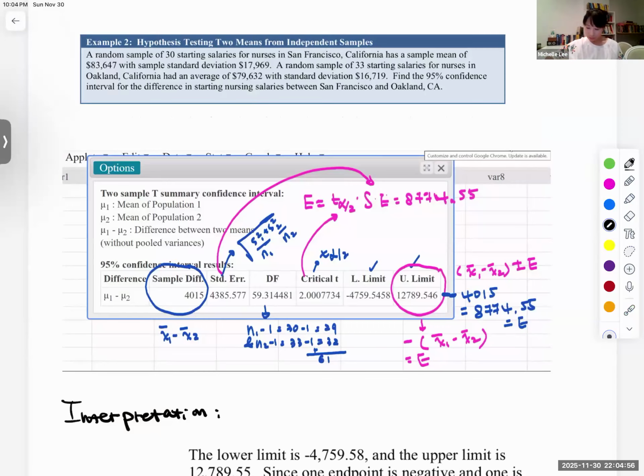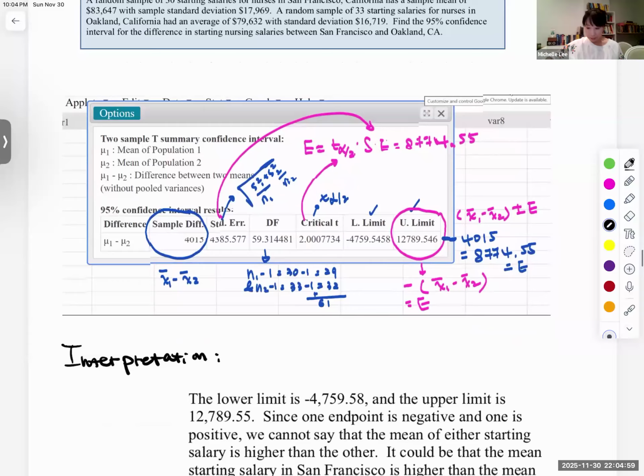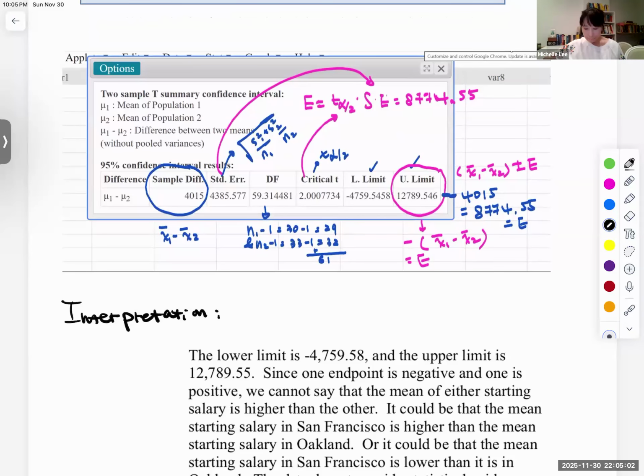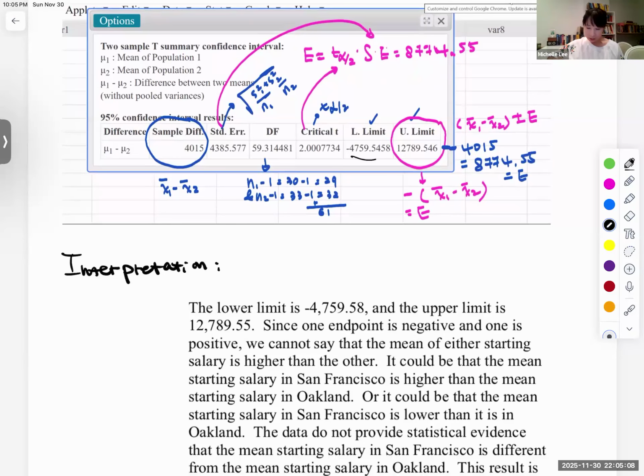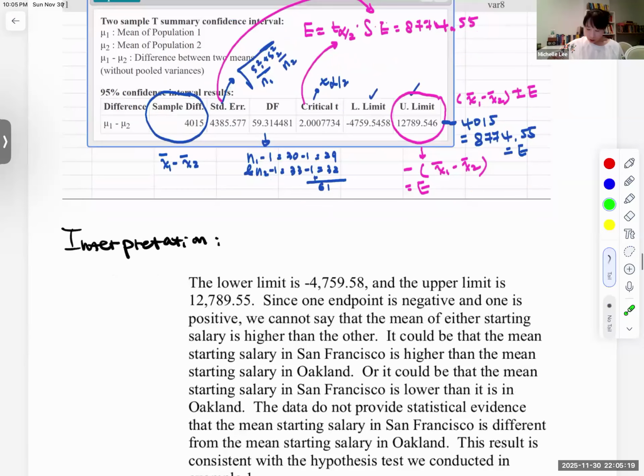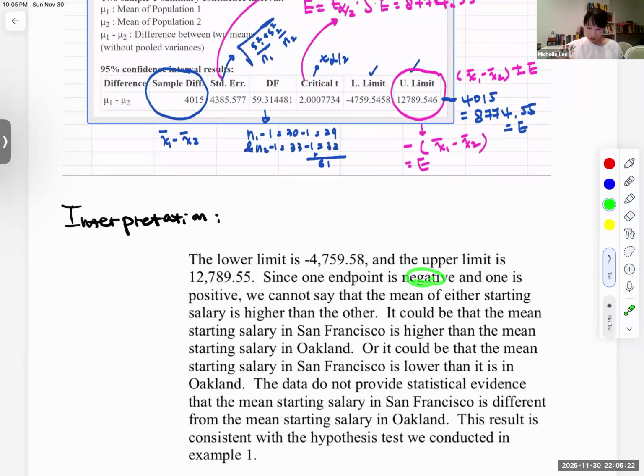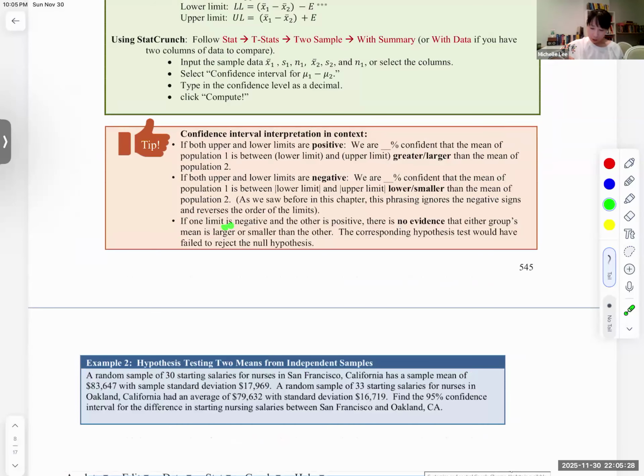All right, so let's talk about the interpretation. The lower limit is this one, and the upper limit is that one. One is negative, one is positive, then what do you do? They say that if one is negative and one is positive, there is no evidence that either group's mean is larger or smaller than the other, so we cannot compare them.